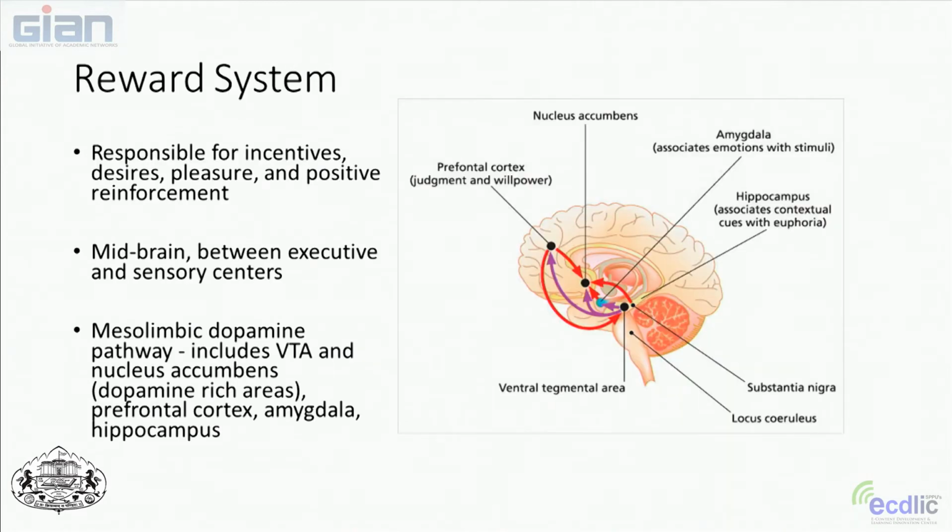Okay, the reward system is one of the areas that keeps us motivated. It's responsible for incentives, desires, pleasure, and positive reinforcement. This is a big dopamine system in the brain, and the midbrain is a big player in this type of reward system.